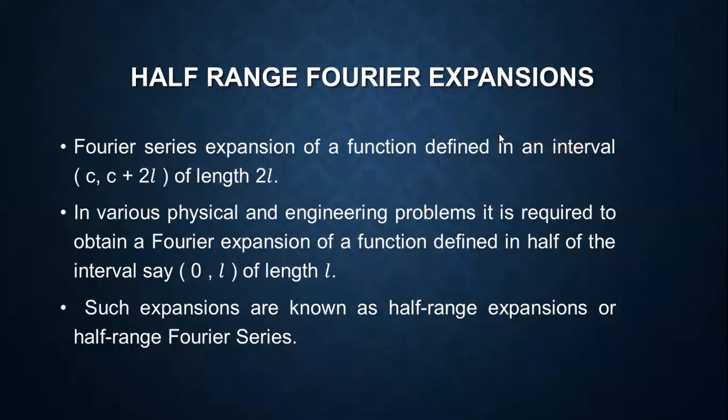Now we'll see how we are going to represent the half range Fourier series expansions. Any Fourier series expansion for a given function can be defined in the interval c to c plus 2l.